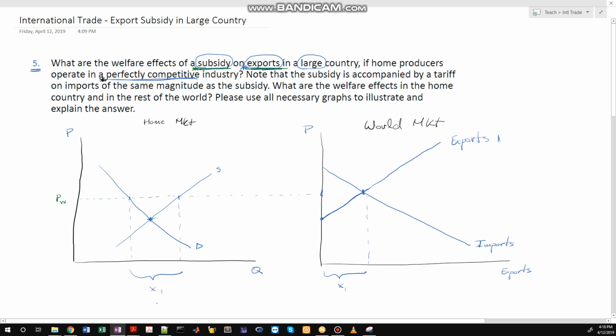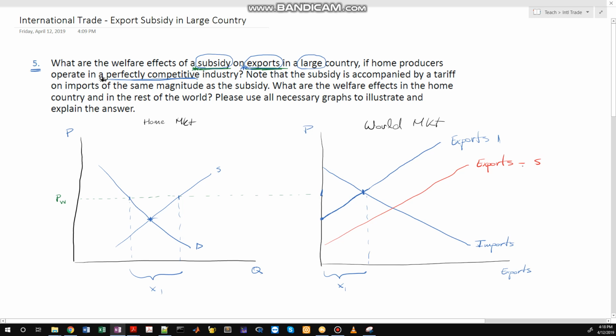Now, when I add this extra subsidy, it's basically like decreasing the price for the firms that are exporting. So on the export side, it's going to shift the exports curve to the left. Now it's going to be exports minus the subsidy.